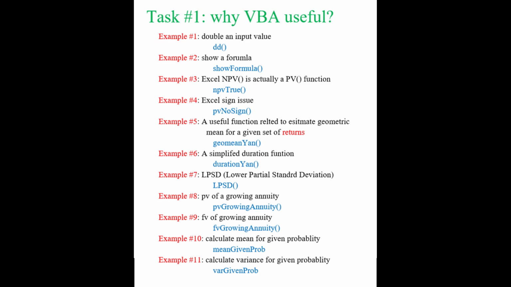Example number 3, and I hope everybody knows the Excel NPV function actually is a PV function. I generate a so-called NPV true, so actually we can use NPV true to calculate two NPV functions. Example number 4, Excel signs issue. We know if we import the positive present value, we have the.